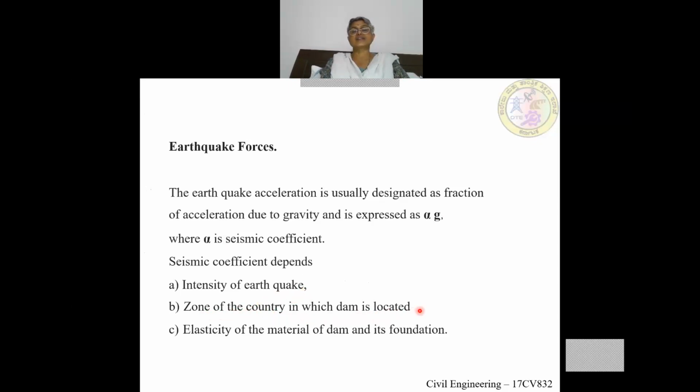The country is divided into 5 zones. If the dam is located in a more earthquake-prone area, the value of alpha will be different, and in an area where earthquakes are less, the value of alpha will be different. It also depends upon the elasticity of the material of the dam and its foundation, whether it is made of concrete or masonry.